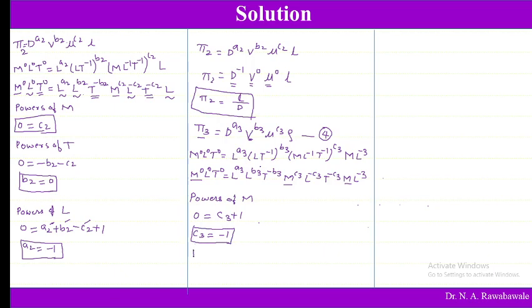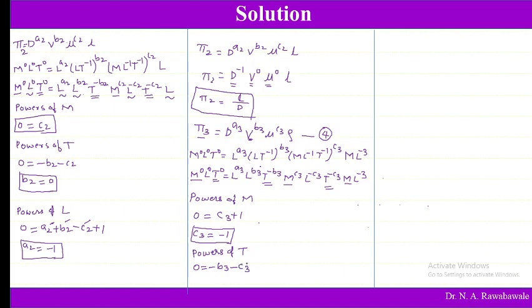Again collecting powers of t, we say, first we take t to the power of 0, which means on the left hand side 0, and t to the power of minus b3 minus c3.